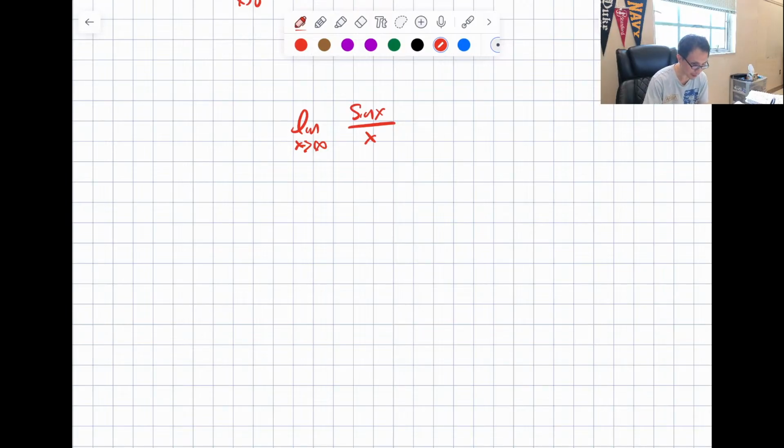Now, if you have, let's say, the limit as x approaches infinity of 3x plus 2 over x squared minus 2x minus 1, you divide by the highest degree of the denominator. In this case, it will be x squared everywhere.